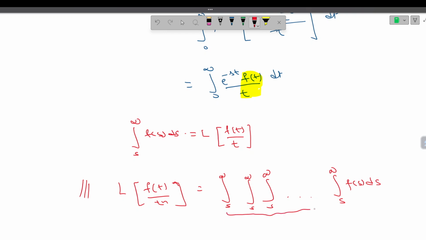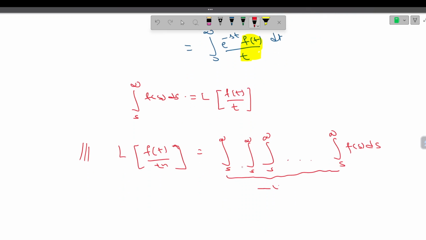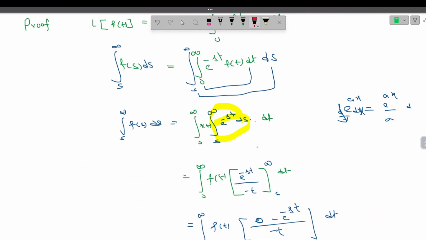How many times? N times. N times means s to the power of n. This can be extended. Very simple case, the property.